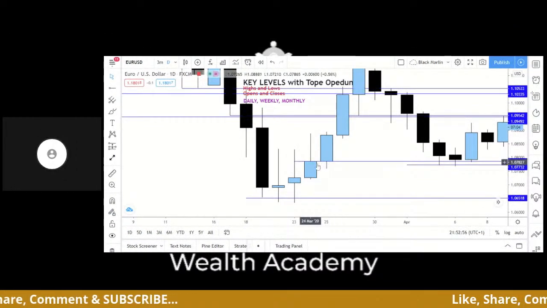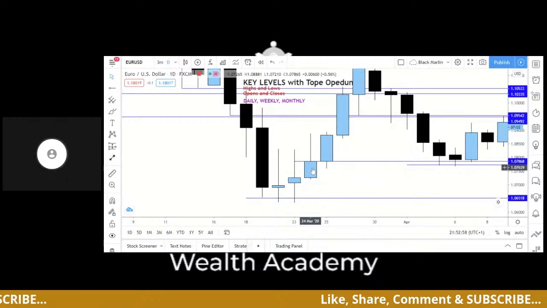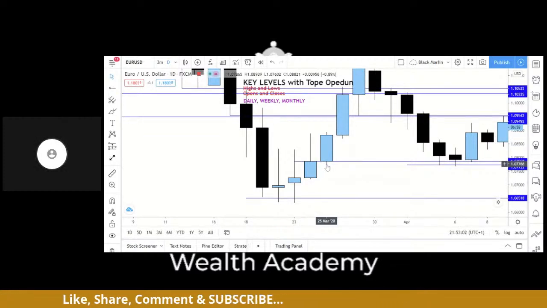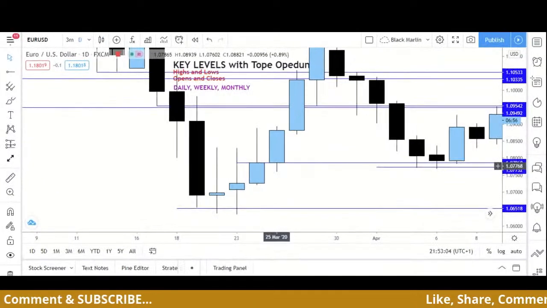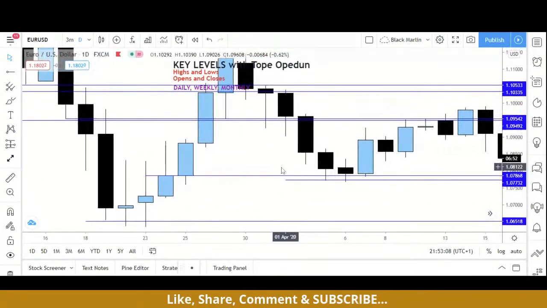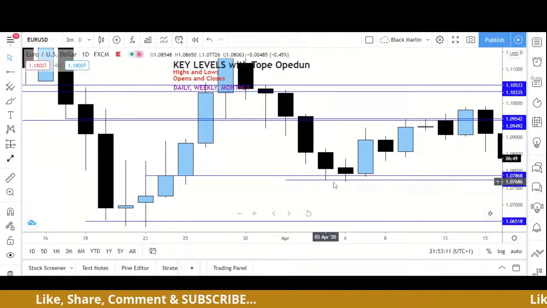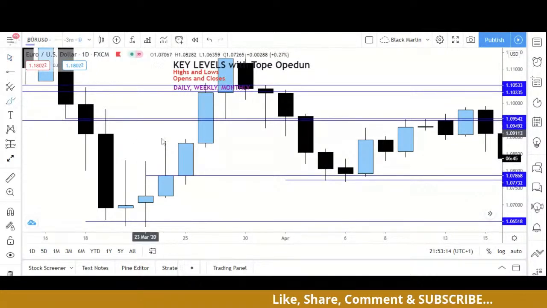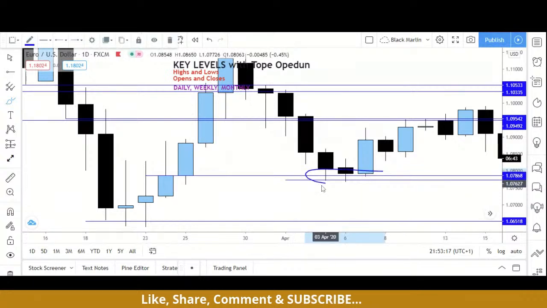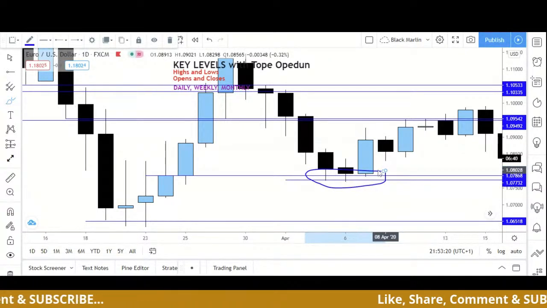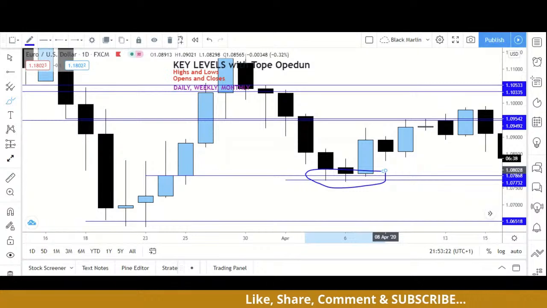The price of 24th of March close is the exact same price of the 25th of March open. Okay, that's another good key level. And look at what they did when they got there. Okay, look at this price action.